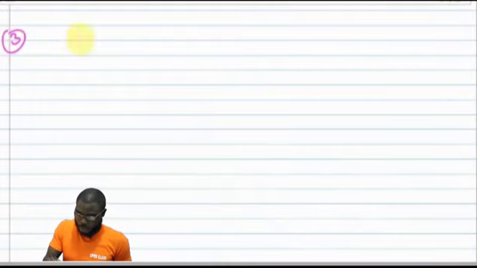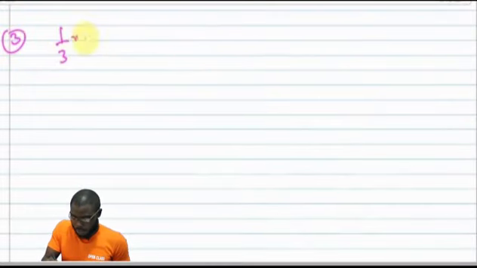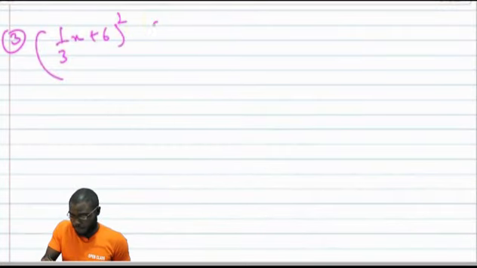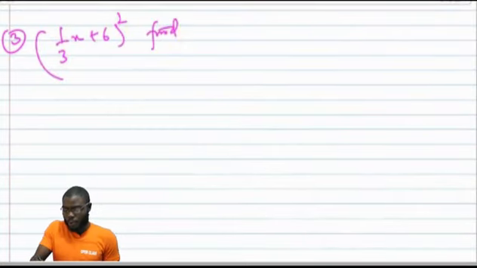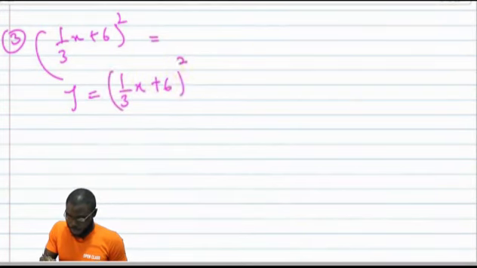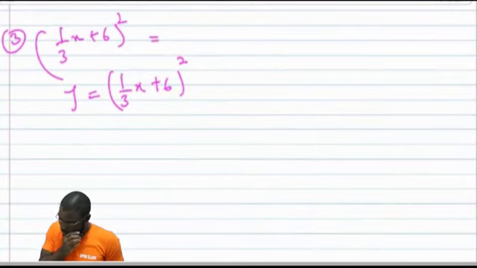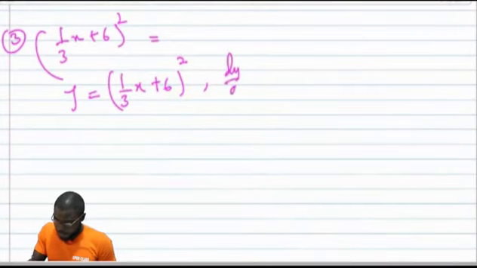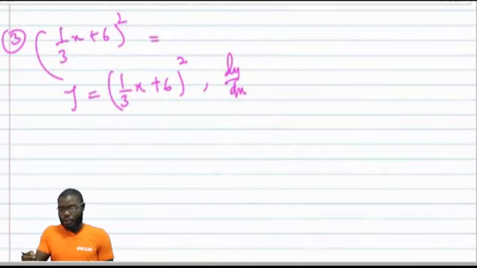So we have 1 over 3x plus 6 all squared, and we should find dy/dx. That's what they are saying. You should differentiate. It's the opposite of integration.